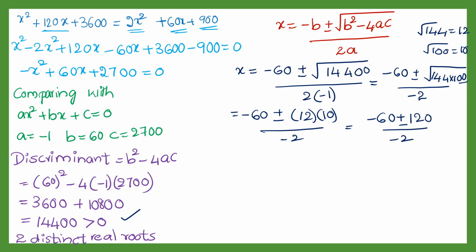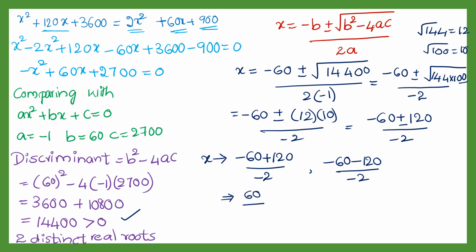So you get two roots. Those are minus 60 plus 120 by minus 2. The other root is minus 60 minus 120 by minus 2. Minus 60 plus 120 is plus 60. 60 by minus 2: 2 ones are 2, 2 30s are 60. So you got 30 by minus 1. That means minus 30 is one value.